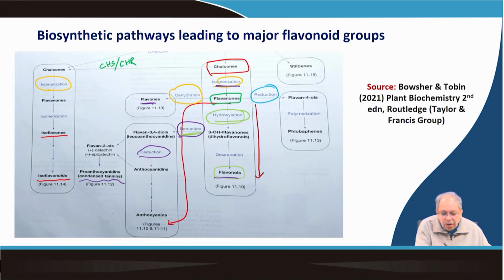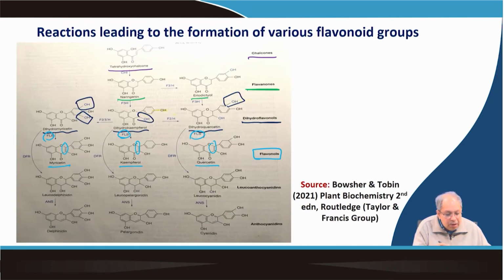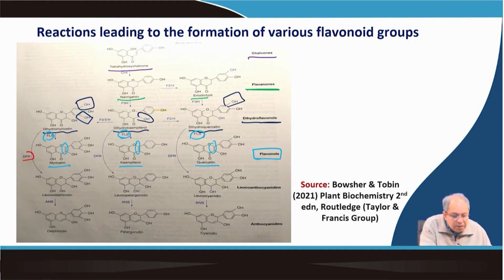This is leucoanthocyanidin, which is formed by reduction. Reduction means there is a reductase enzyme, and that is why it is called DFR, dihydroflavonol reductase. R stands for reductase, and it makes leucoanthocyanidins, and then this will form the anthocyanin. Purposefully I am not discussing the anthocyanin in this class.